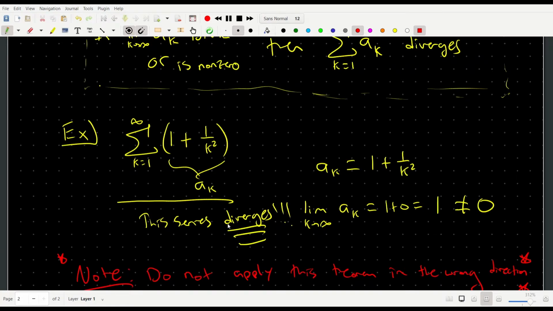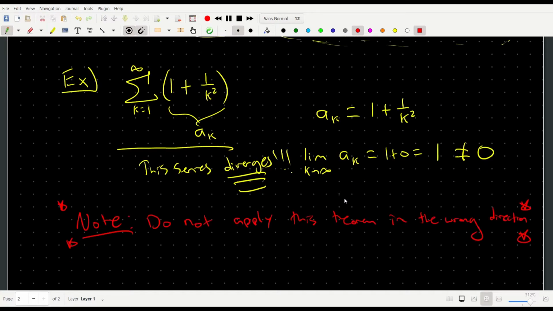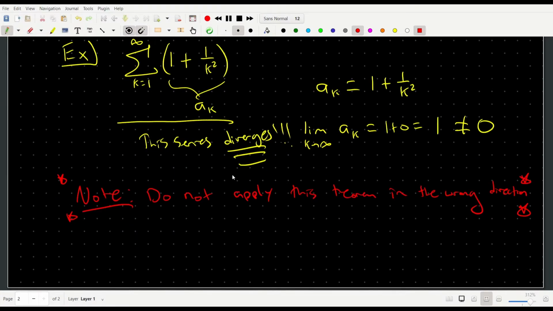Because while this theorem does guarantee the divergence of a given infinite series if its underlying sequence does not go to 0, it does not tell us the converse of this statement. So just because the terms of a series go to 0, it does not necessarily mean that the series converges.